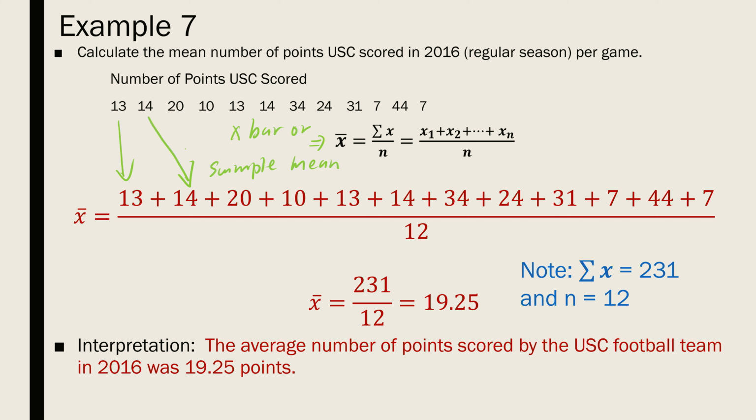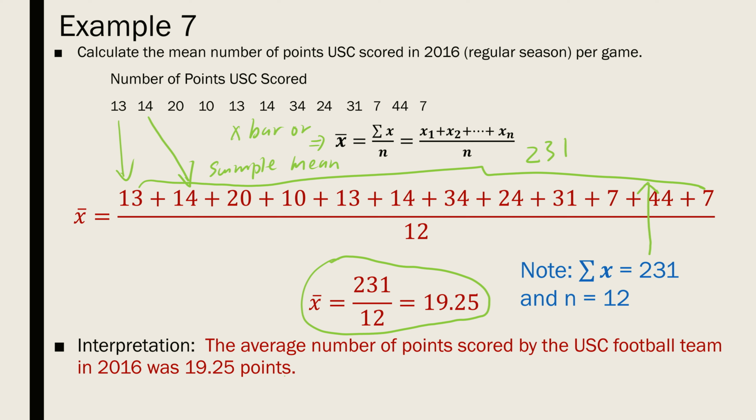The summation of all those 12 numbers is 231. The 12 equals the number of data, or how many data you have. We have 12 data here. So X bar equals 231 divided by 12. This is how we calculate X bar.